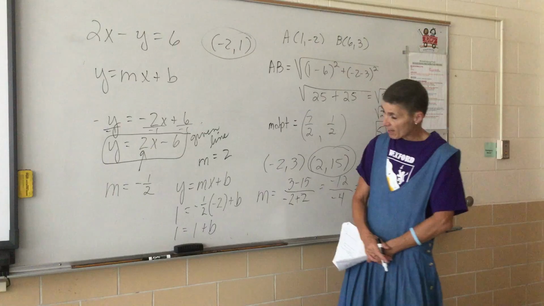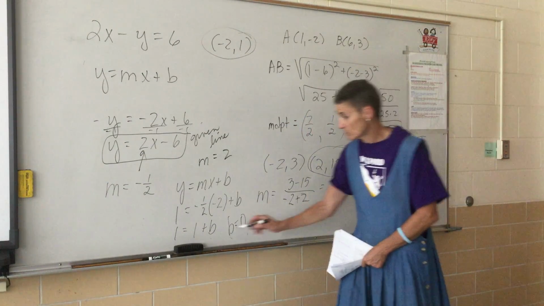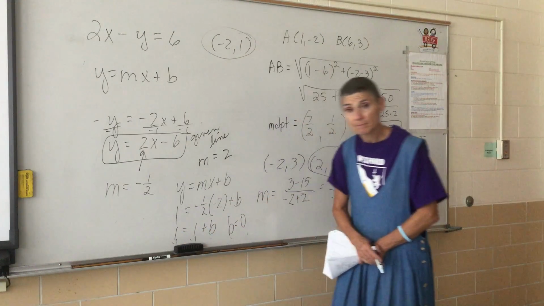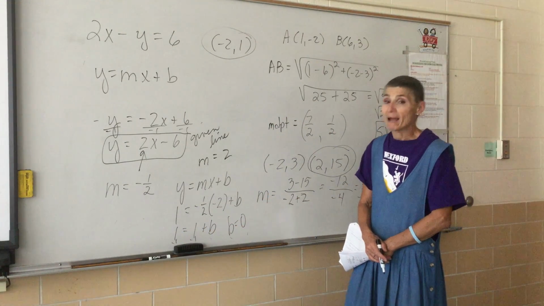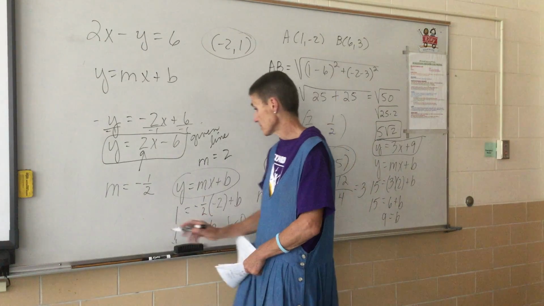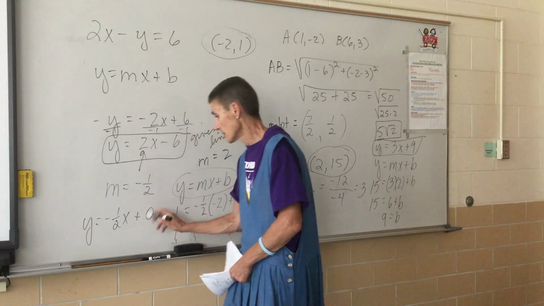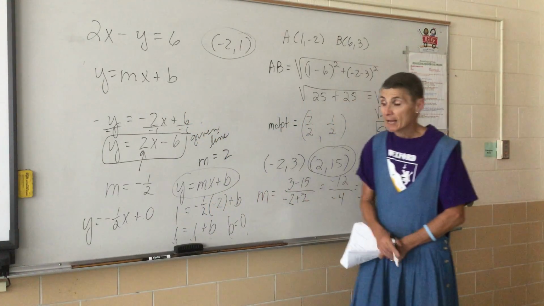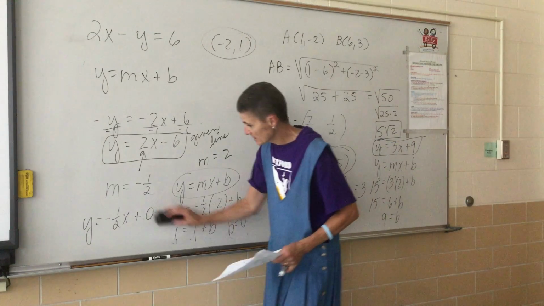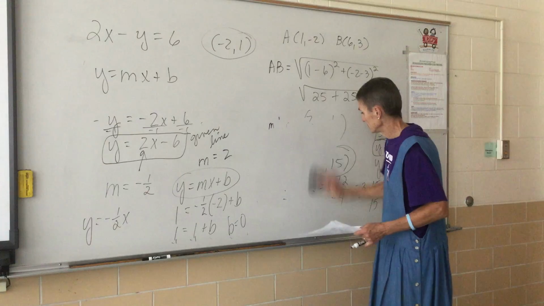So it looks like b turns out to be 0 when I subtract 1 from both sides. So my answer, remember I'm looking for an answer, so my answer will be y equals negative 1/2 x plus 0. And if you don't want to put that plus 0 on the end, that's fine. Most big kids don't do that.